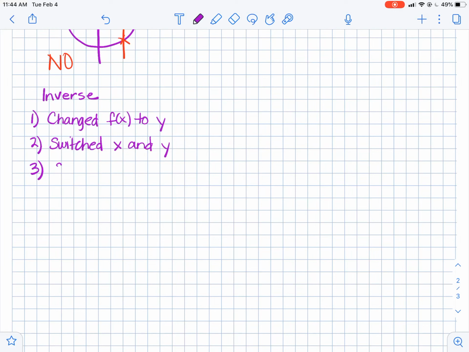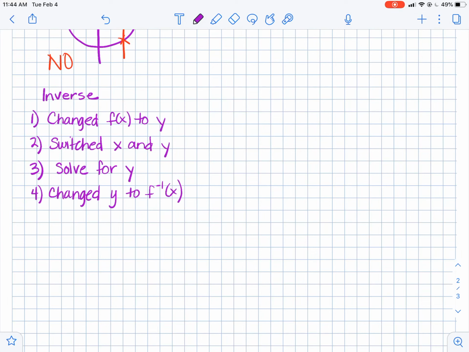Now remember, we only switched the letters, the x and y letters, no numbers, nothing like that. Number 3 is then we're going to solve for y. Number 4, we are going to change that y to the f inverse of x, okay?